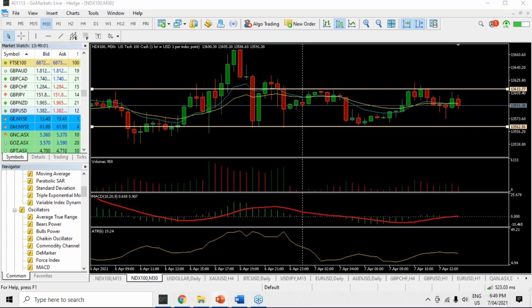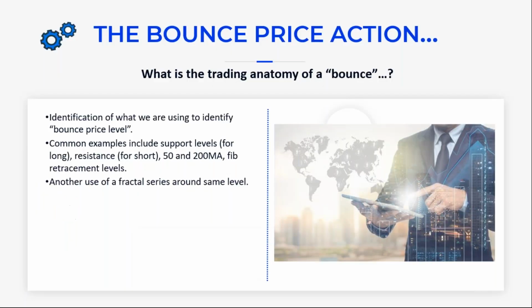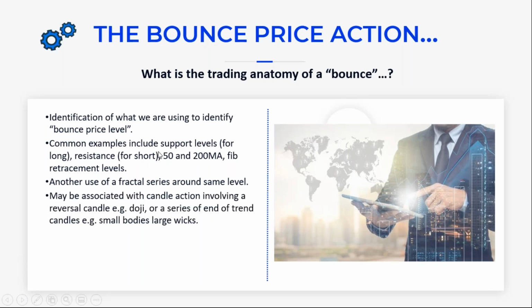Okay, so let's put some of that together. So we've got a reversal. So we've got candle action involving a reversal candle, so a doji or a series of end of trend candles, so small bodies and large wicks. Does it matter how many touches are at the previous trend?